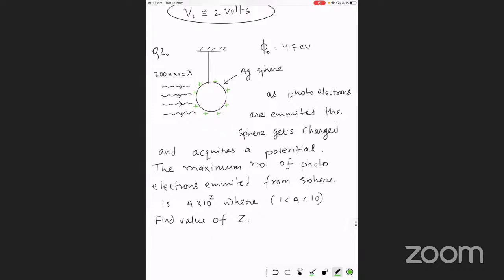Am I right? After some time, when it gets sufficient positive potential to stop the fastest emitted electron, electrons will not come out. Am I right?